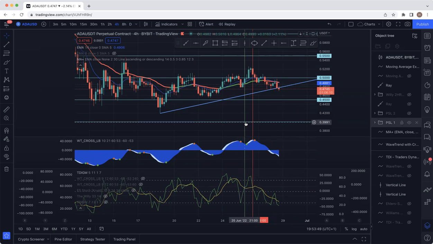Okay, now let's look at the green. The green line told us that we're about to go up, right? But then around that time, we realized that we are almost curving up. And then we had a green light. We had a green dot printed. So when we saw the green dot printed, and also we realized that we're almost in the valley, about to climb up, it was a confirmation.